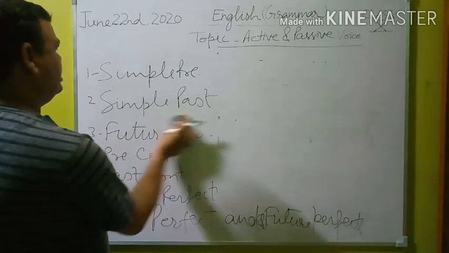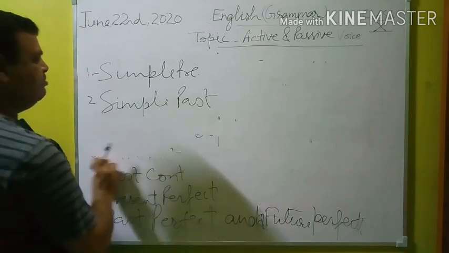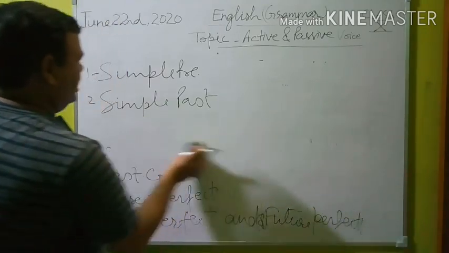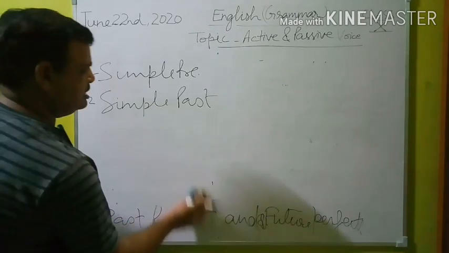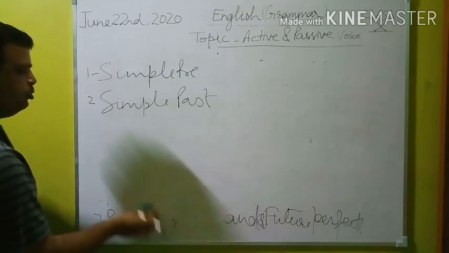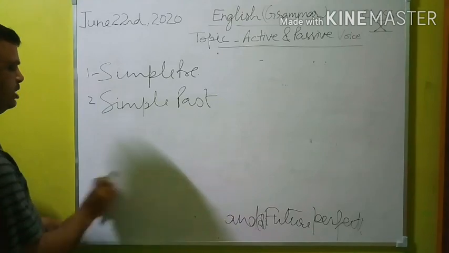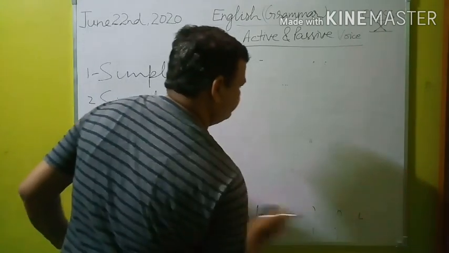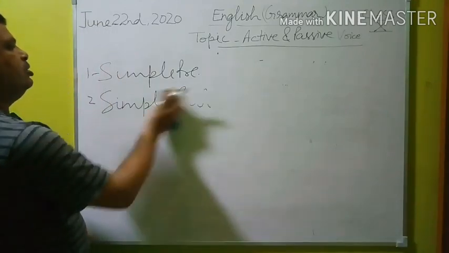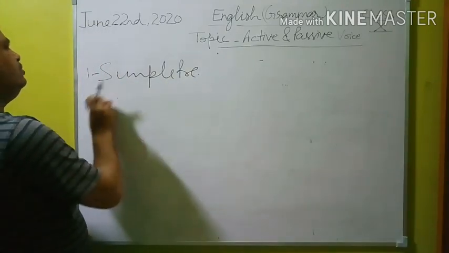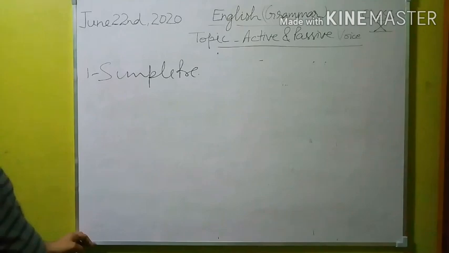Today only we will study simple present and simple past tense. I will tell you through examples how the verb forms change from active to passive voice in these two tenses only. Let us see. First of all, I will analyze before you simple present tense.